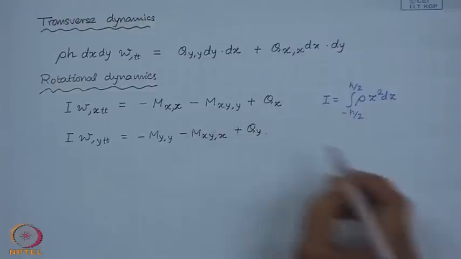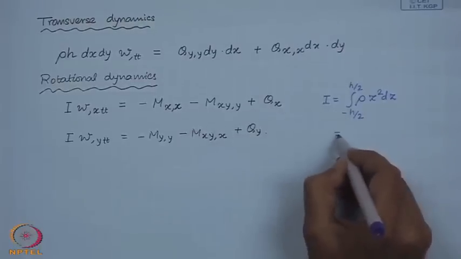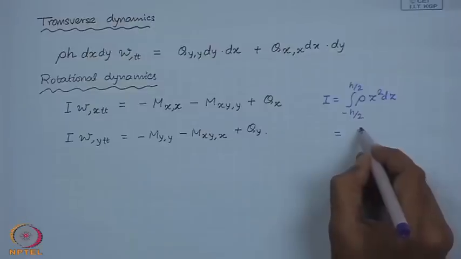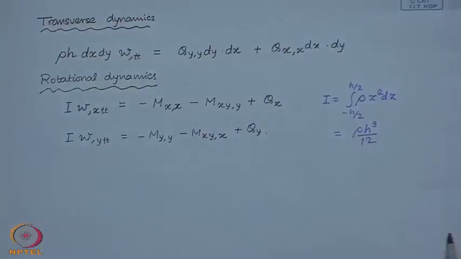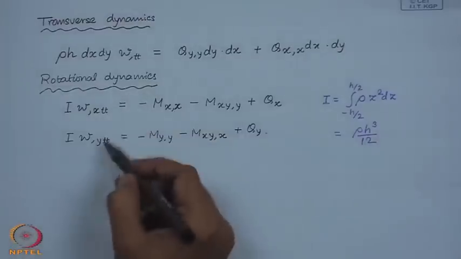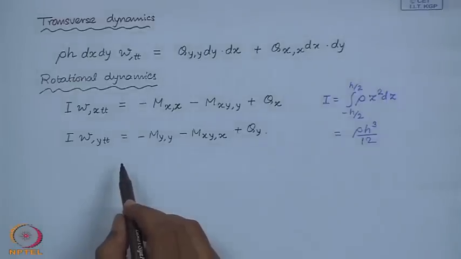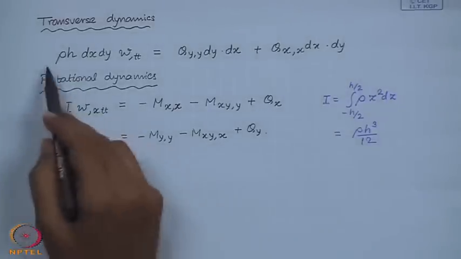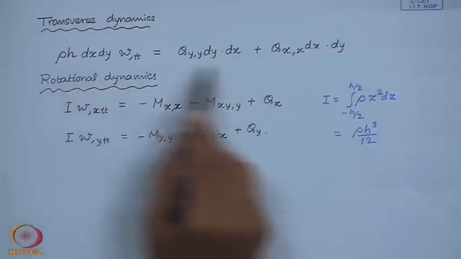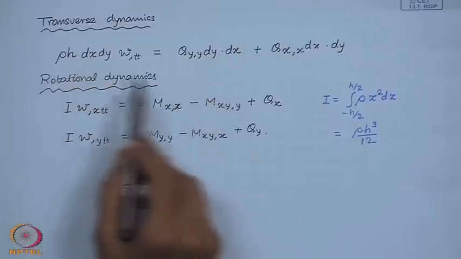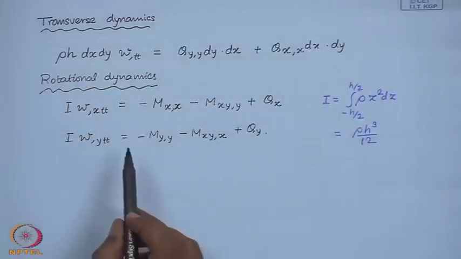For this element, we have I equal to rho h cube over 12. So, these two equations correspond to the rotational dynamics, whereas this equation, of course, I will divide by dx dy, corresponds to the transverse dynamics.